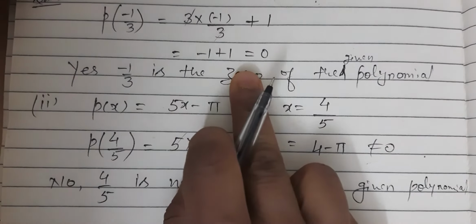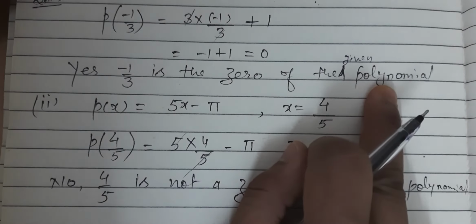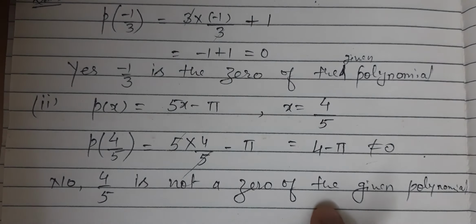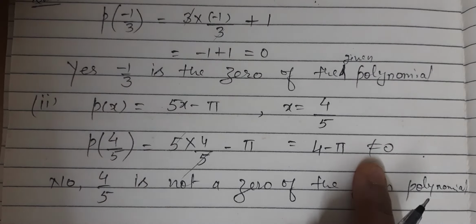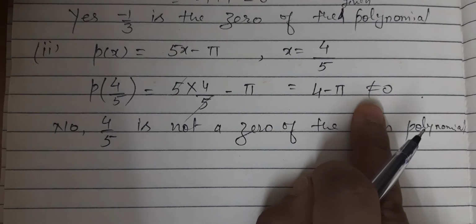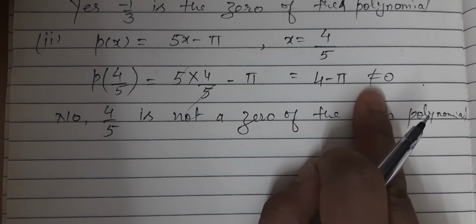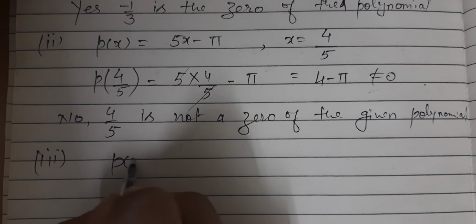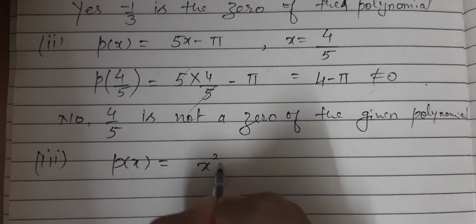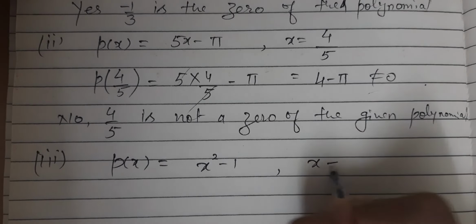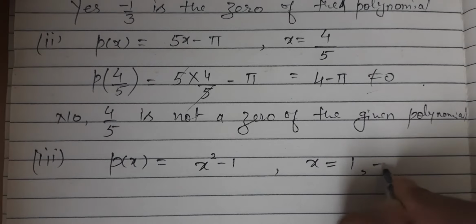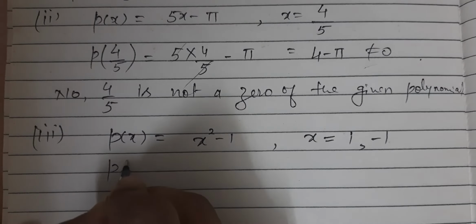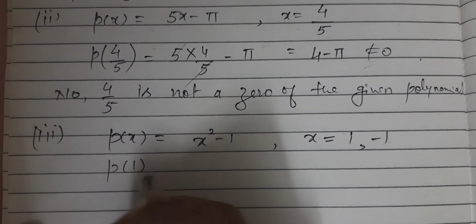If you get 0, then it will be the zero of the given polynomial. If you are not getting 0, it means it is not a zero of the given polynomial. Okay. Now here the third part is p of x equals x square minus 1, and two values of x are given, 1 and minus 1. For both the values we have to check. So first we'll put x equals to 1.